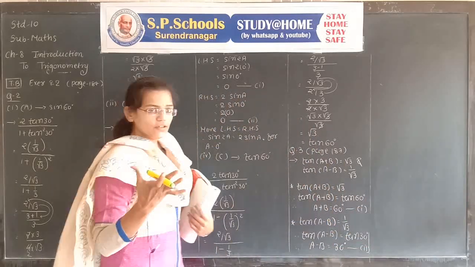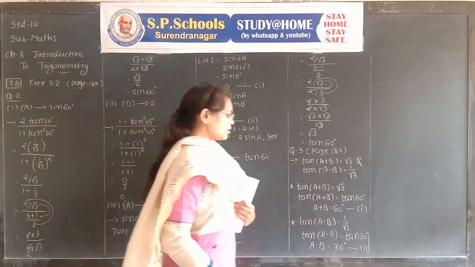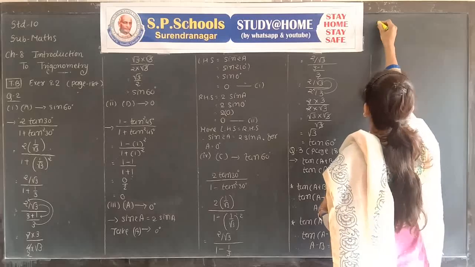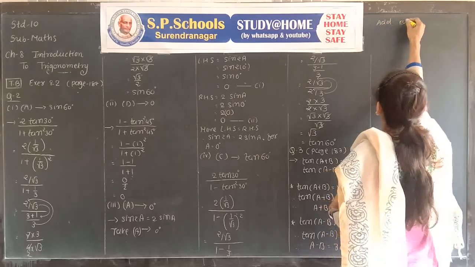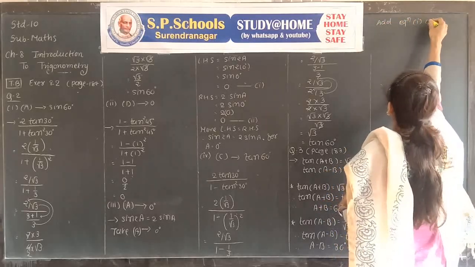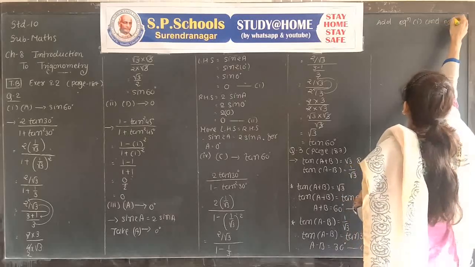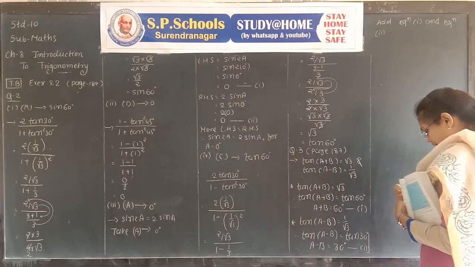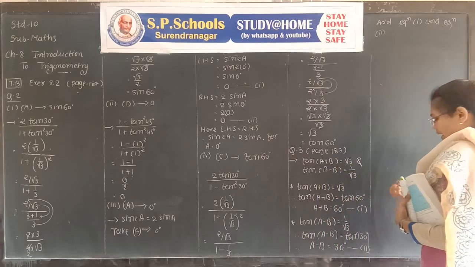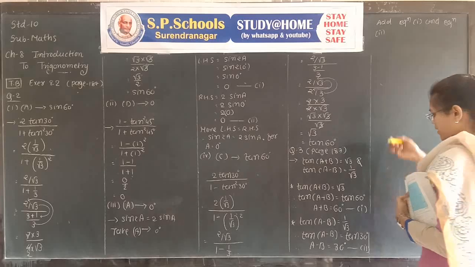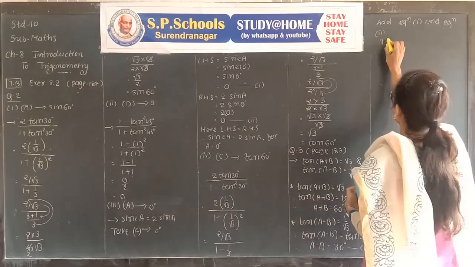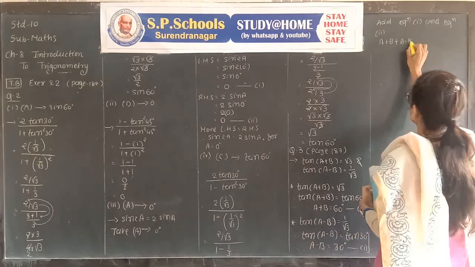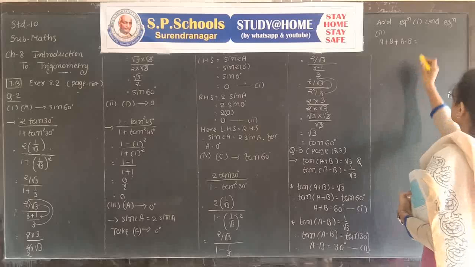To obtain the values of a and b, use the elimination method. Add equation 1 and equation 2. Adding both equations, addition of left hand side and addition of right hand side: a plus b plus a minus b is equal to 60 plus 30.